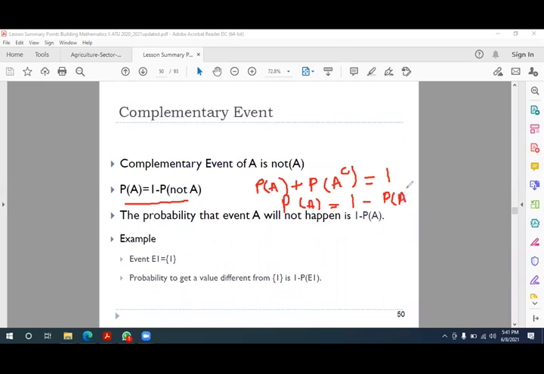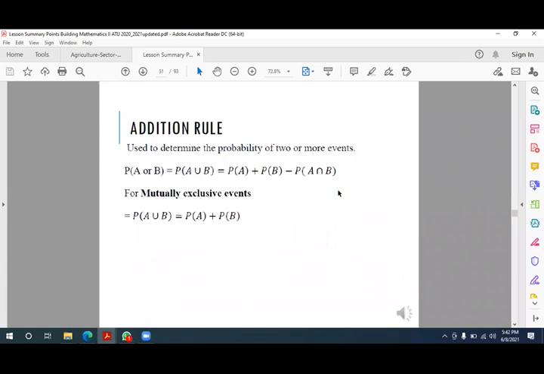Or A complement just means not A. Very good. So you take note of this rule too. P of A is equal to 1 minus the probability of A complement. So please take note of that. Okay, very well. Let's move on to the next rule.